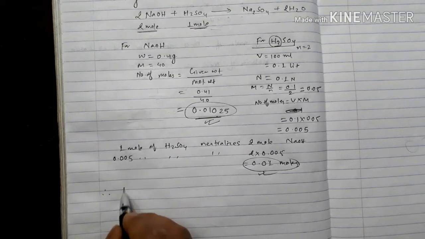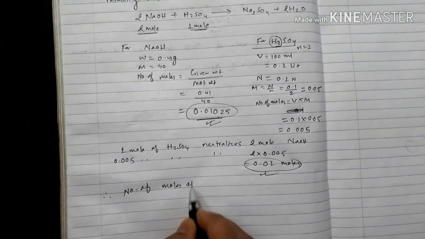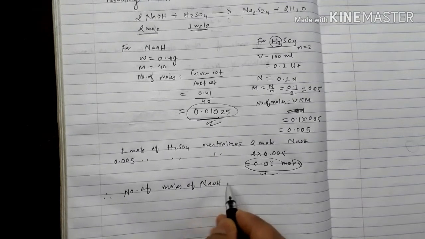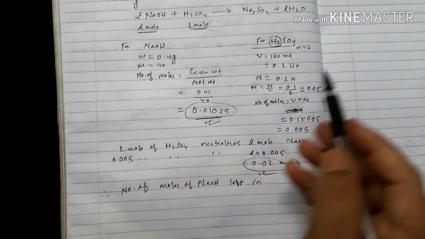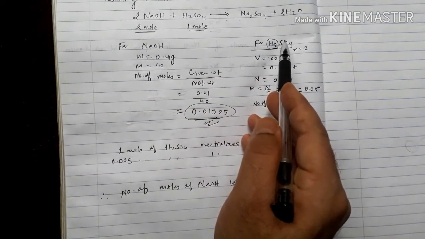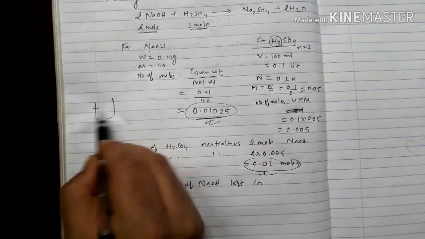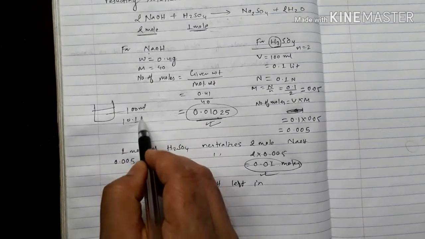Therefore, after neutralization, we find the number of moles of NaOH left. When you add NaOH to H2SO4, the volume of H2SO4 is what? 100 mL or 0.1 liter.